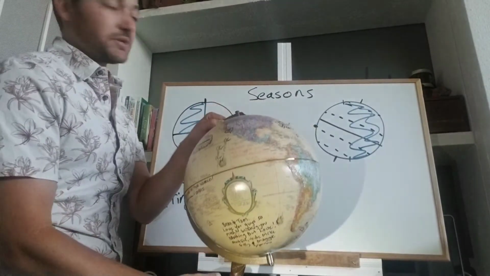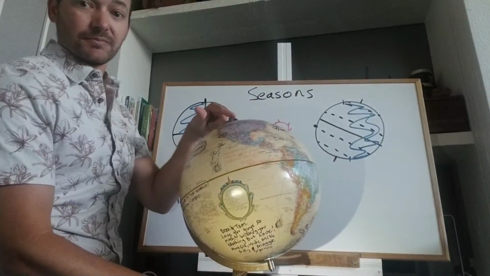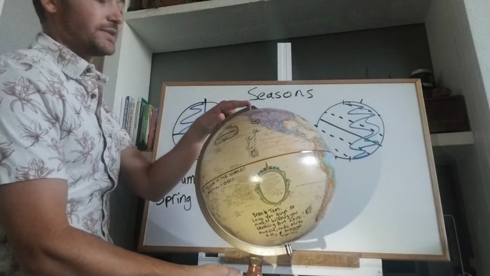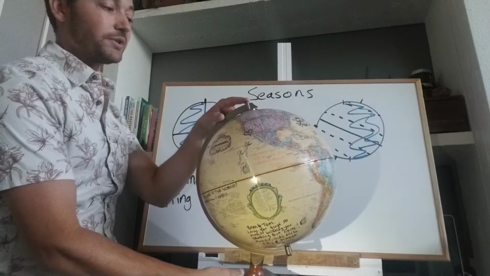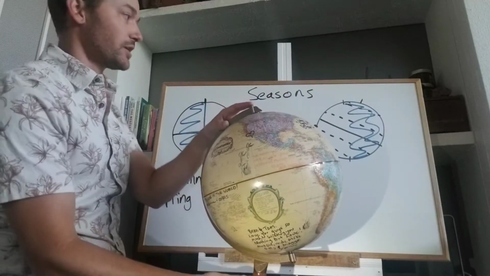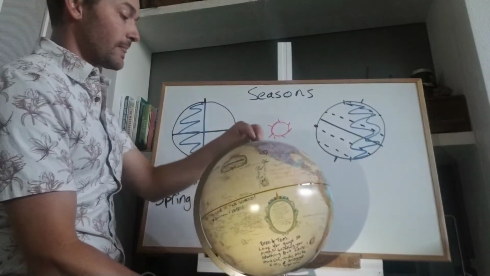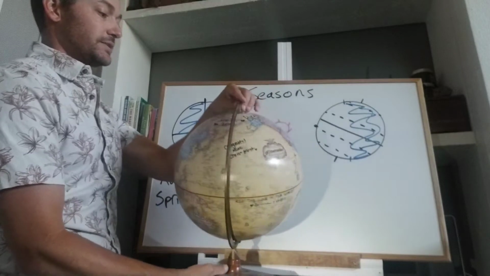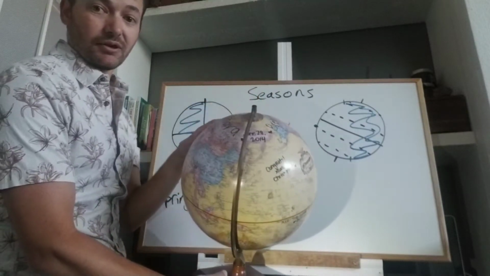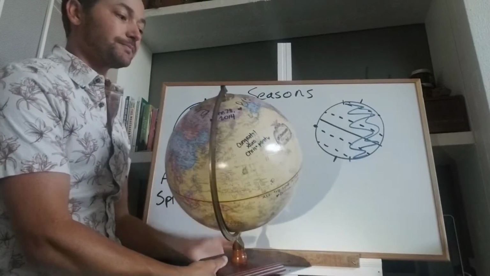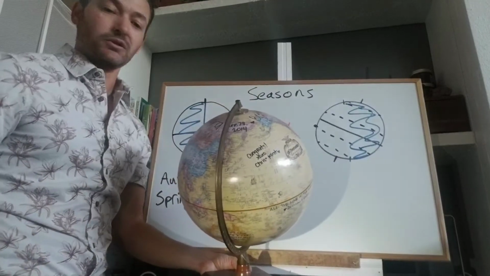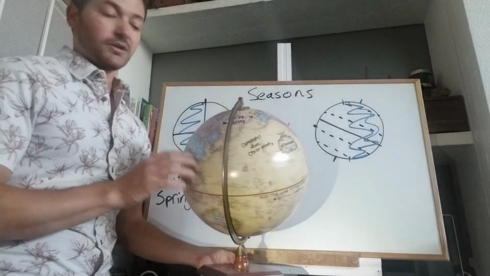Now, because of axial parallelism, this North Pole, as we move around the sun, is always going to be pointed to the north, pointed in the same direction, so that when we get around the sun to a certain point, this axis is going to be pointed more towards the sun as we orbit around it.